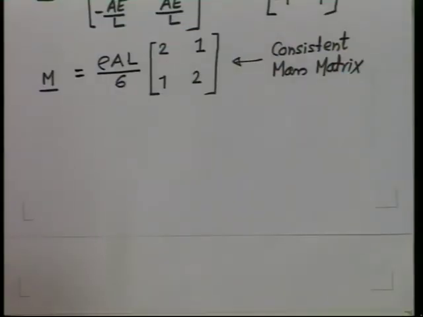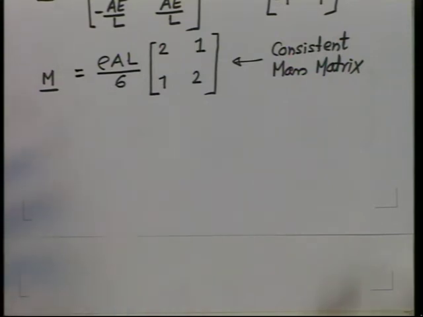Otherwise this is simply a mass matrix. And from then people said okay, there are situations when it is much better to deal with a lumped mass matrix than a consistent mass, because we want the system to be decoupled.